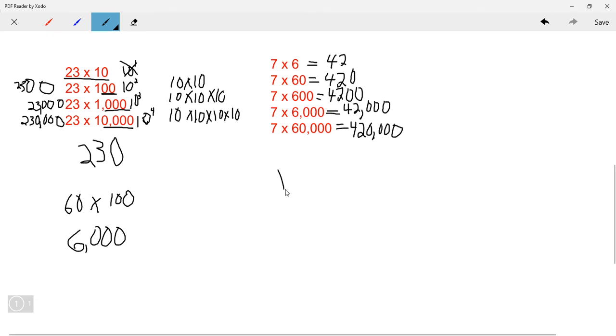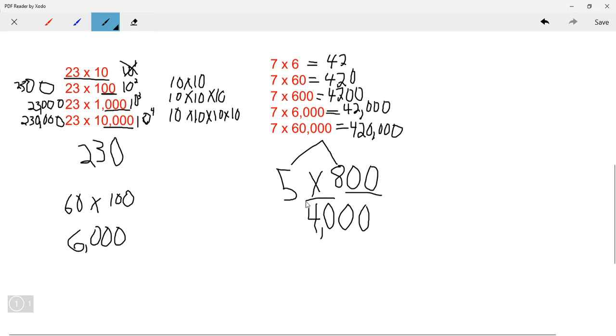One thing I do want to mention that can be a little tricky is, let's do 5 times 800. Now 5 times 8 is 40, okay? But then we have to add 2 zeros to that, so it actually becomes 4,000. This might look a little weird because it has 3 zeros, but actually we're just multiplying these two numbers, which gives you the 40, and then adding the 2 zeros.